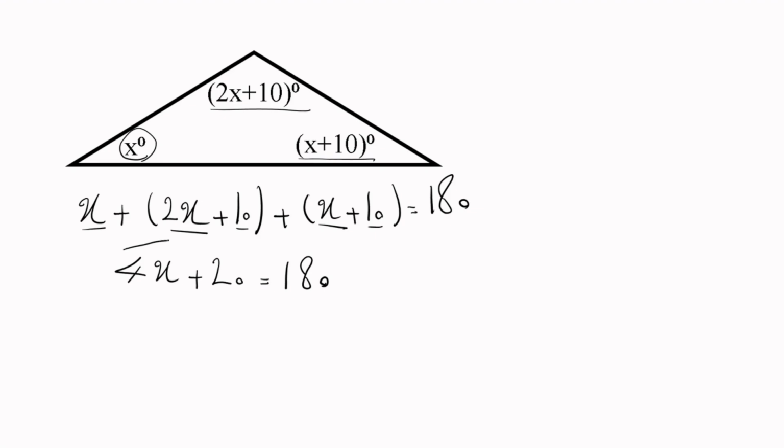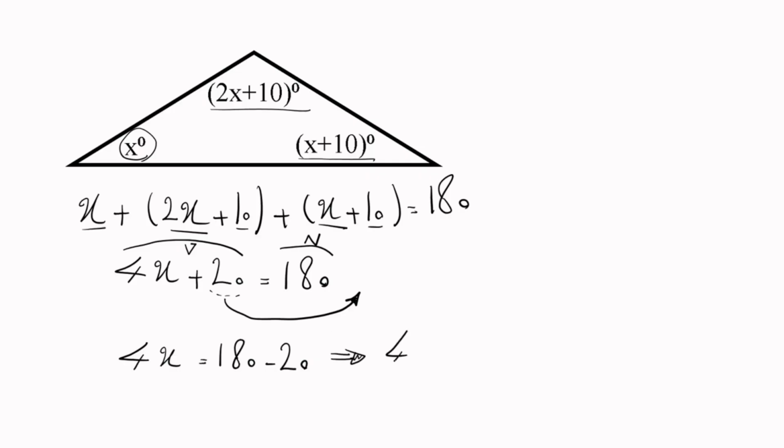I'm going to allocate again the first side for variables, the second side for numbers. As you can see, this 20 is extra here because I want only variables in the first side. So I'm going to move it to the other side of the equation, and I'm going to change the sign of that because it is positive. It's going to become negative. So 4x is going to be equal to 180 minus 20. I change the sign.